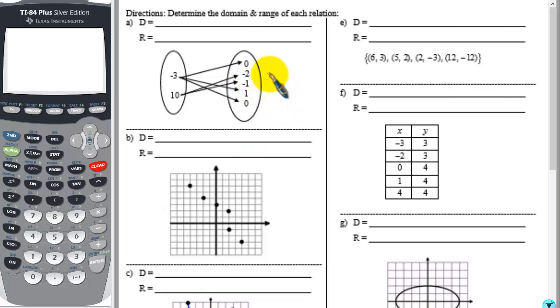If you think about domain, let me write it over here, domain, you want to think about x values. And if you talk about range, let me change colors here, if you talk about range, we want to think about y values.